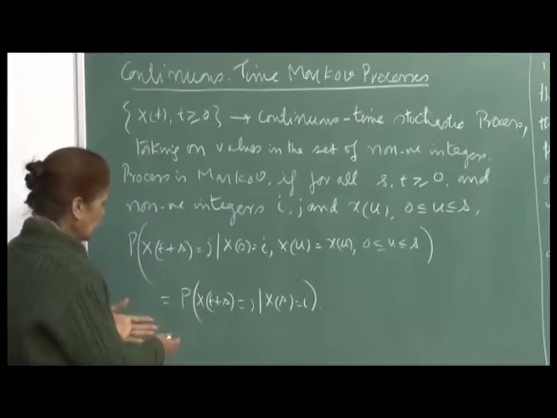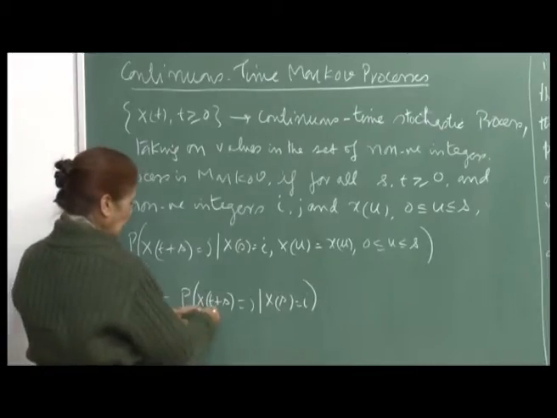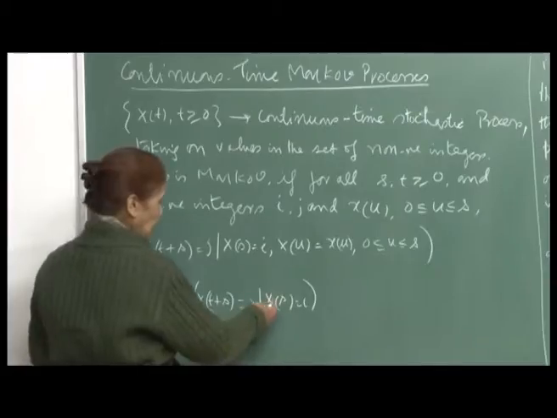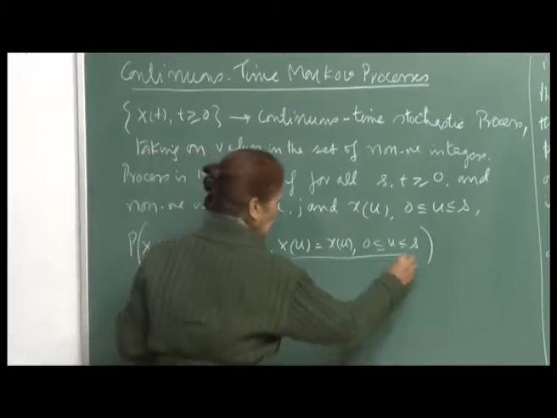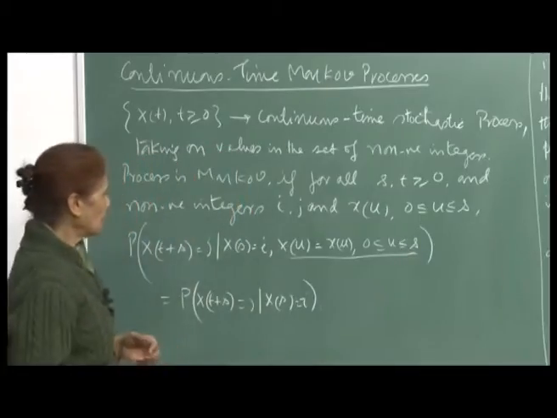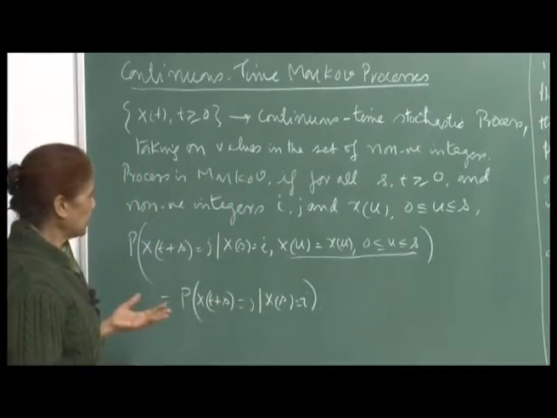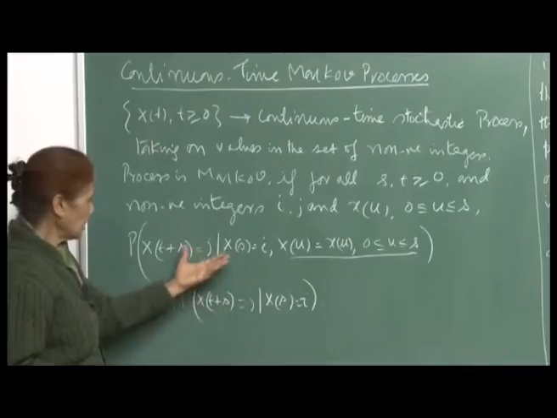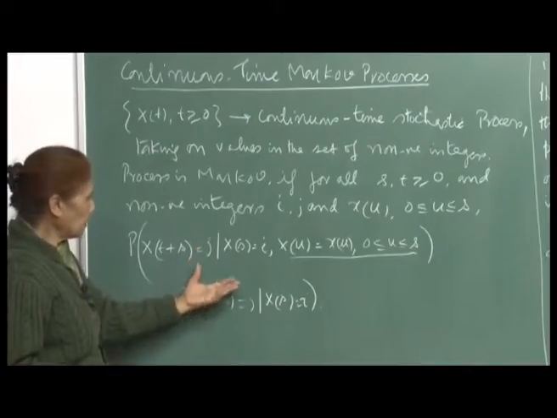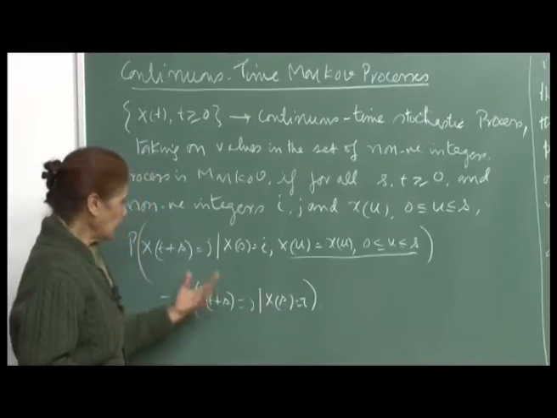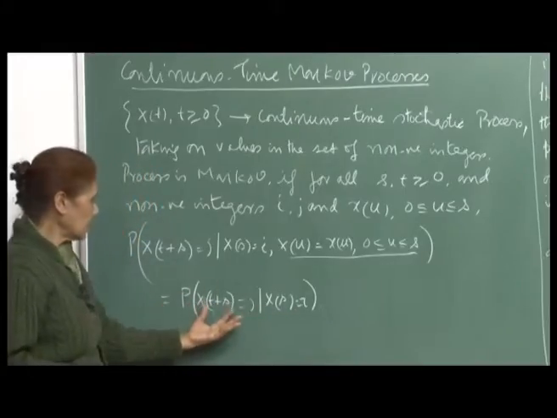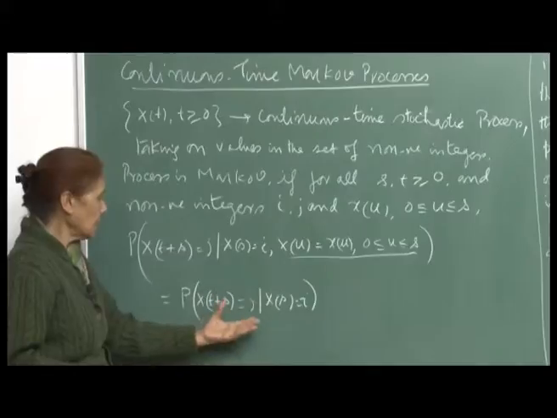This probability is equal to the probability that X(t+s) is j, given that X(s) is i. That means the past history is redundant. This probability only depends on the present state, and then after time t it is occupying state j.